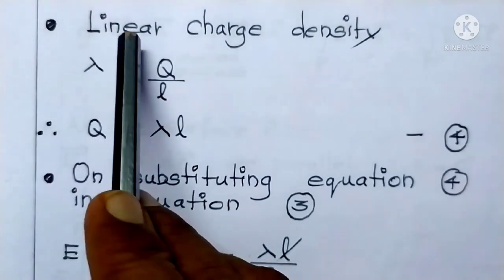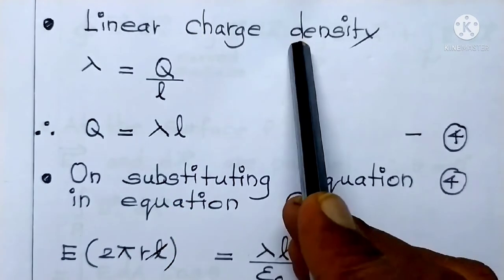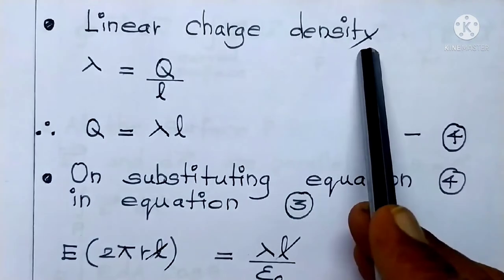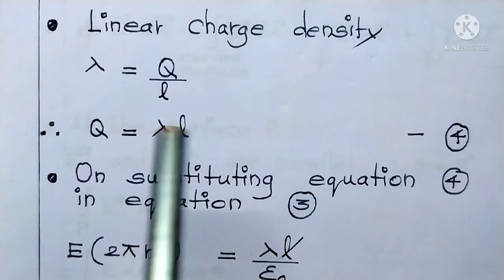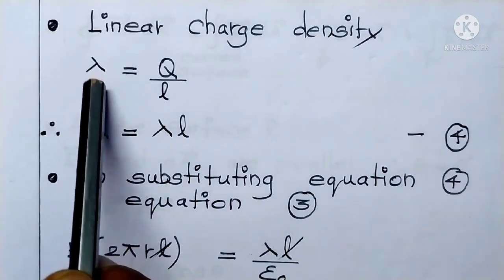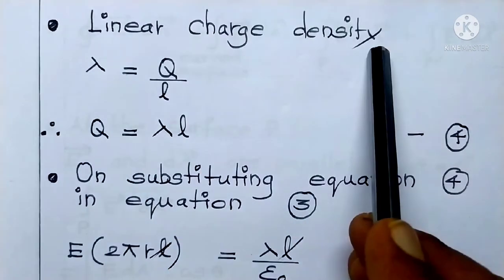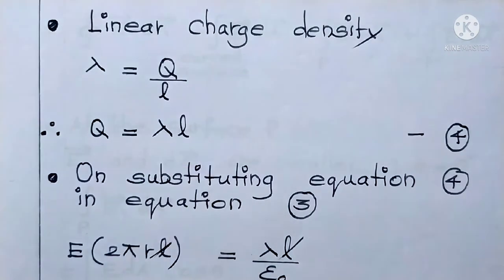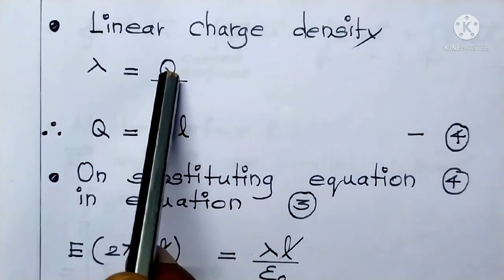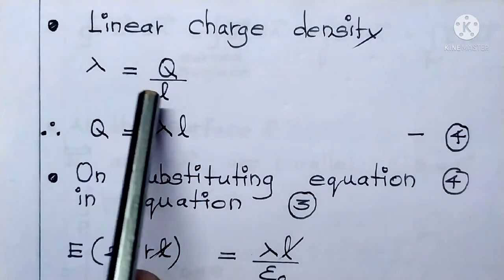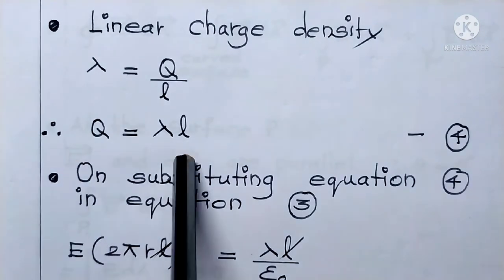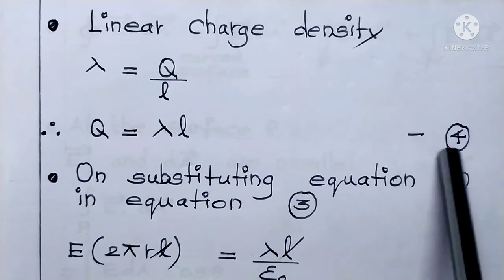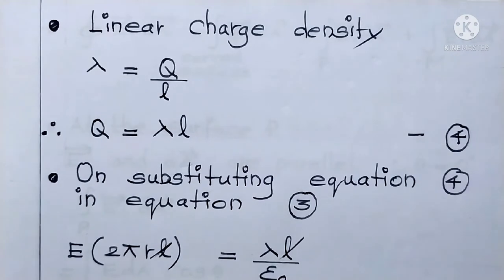We have already studied linear charge density, surface charge density, volume charge density and all. For this derivation, we are going to take linear charge density, which is lambda equal to Q by L. Therefore, Q is equal to lambda into L. So Q is equal to lambda L, which is equation number 4.